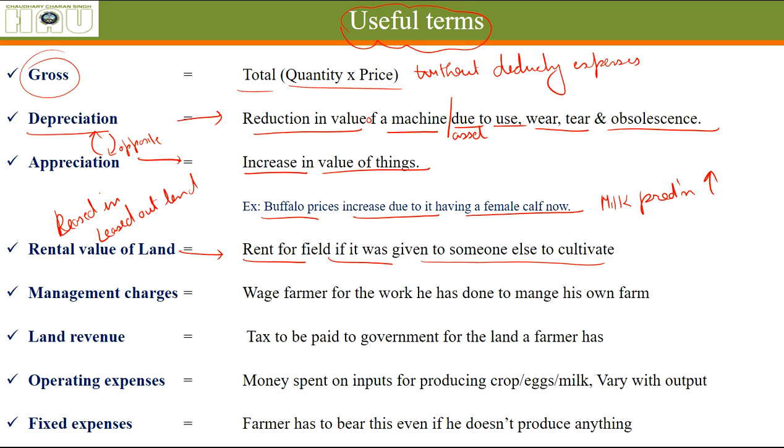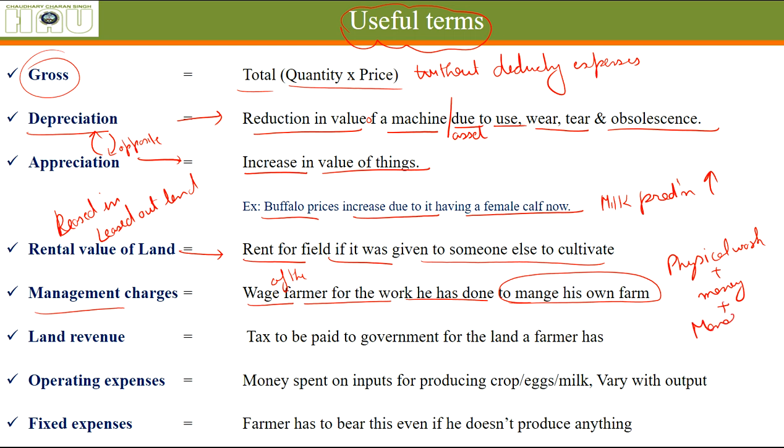Management charges: the wage of the farmer for the work he has done to manage his own farm. Despite the physical work he is doing and the money he is putting in, apart from that he is doing the job of a manager.